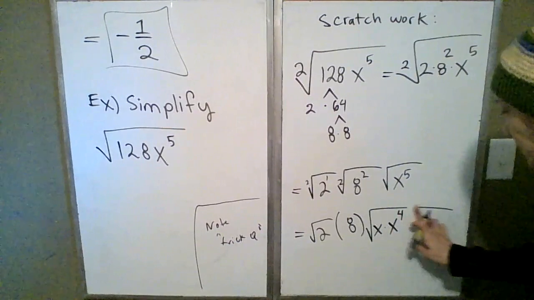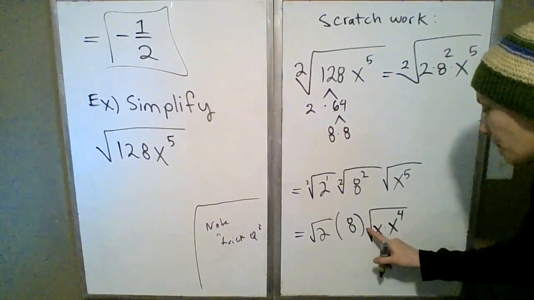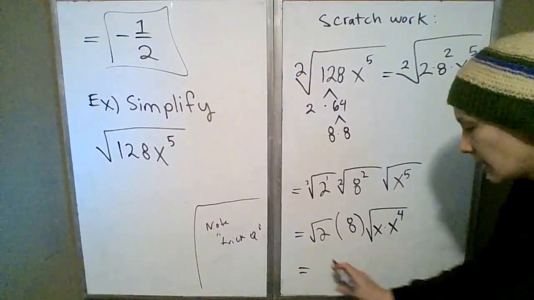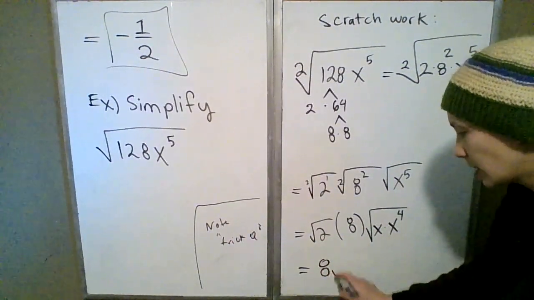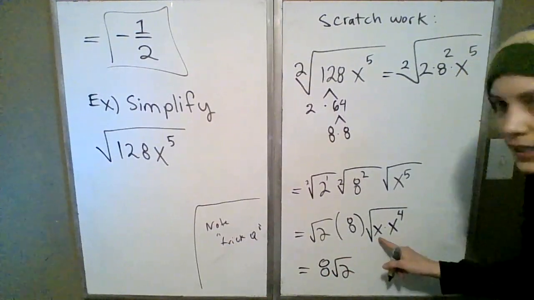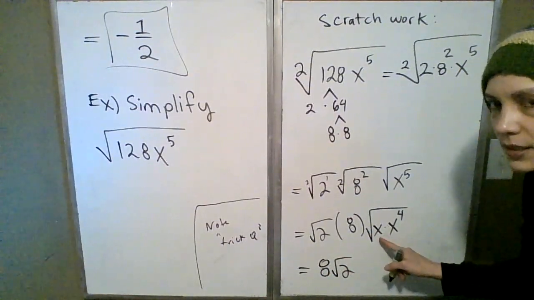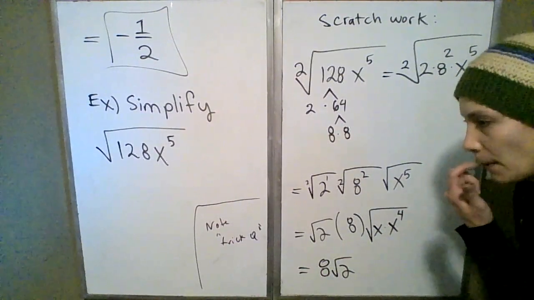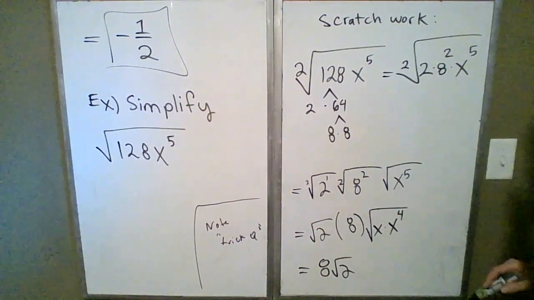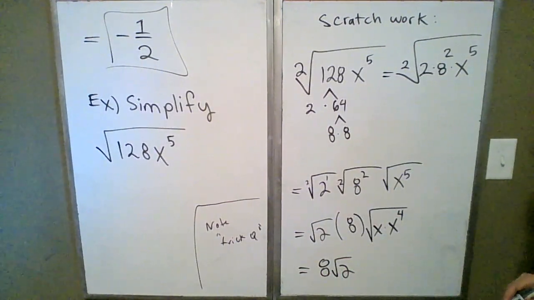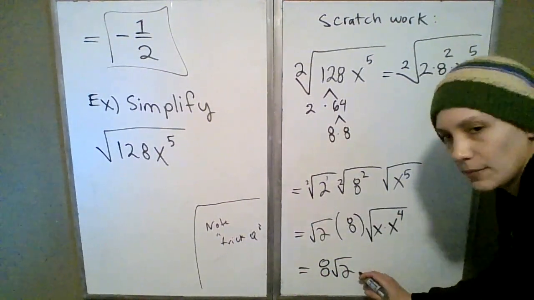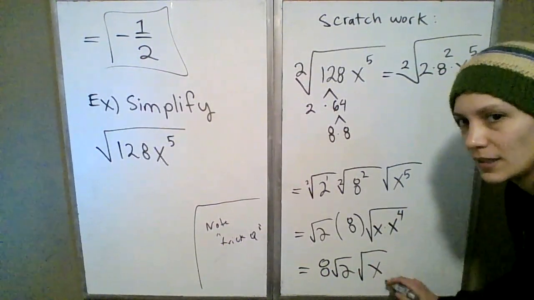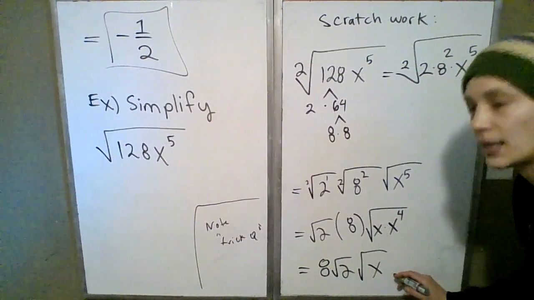So the number right now is 8 root 2. It's easier to read that way. And we're going to break this into root x times, I think I've made this a bit messy. There's probably a better way to work through this, but I'm going to keep on going. There's a root x and then the root x to the 4th.